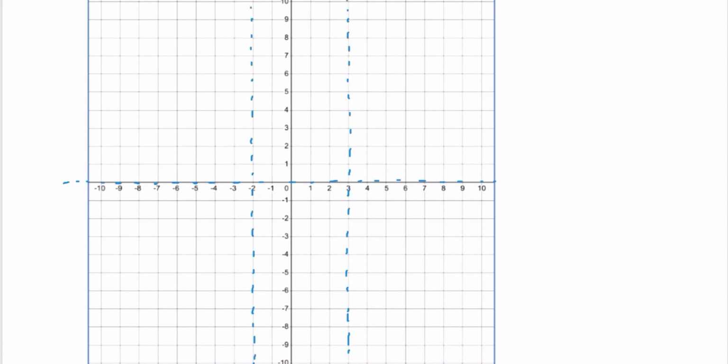And then some points that we know are on the graph are the x-intercept of 1 and the y-intercept of 1. It looks like in the middle we've got this curve. But we don't have any more information about the left and the right.